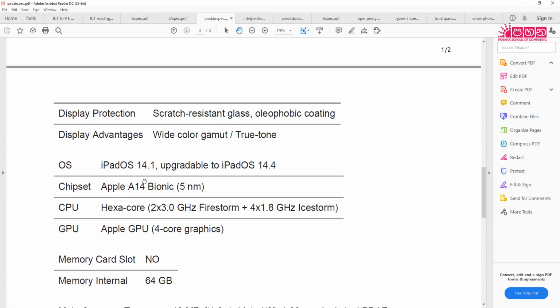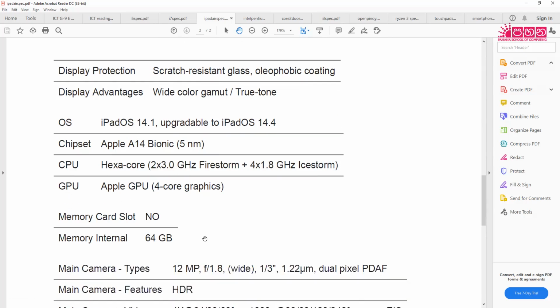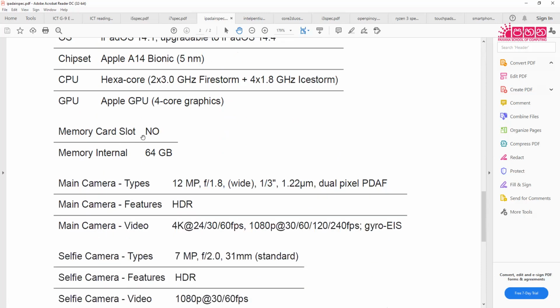Then operating system, iPadOS is the one. Chipset is Apple. Yes, you have a graphical processor unit, Apple GPU, 4-core graphics. Memory card slot, no, that means external cards you cannot insert, but you have an internal memory of 64 gigabytes. That's the kind of hard disk size given.